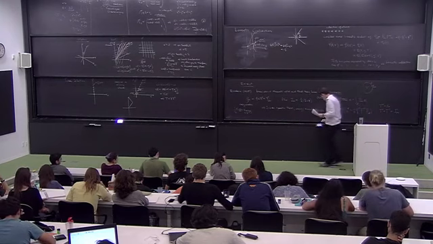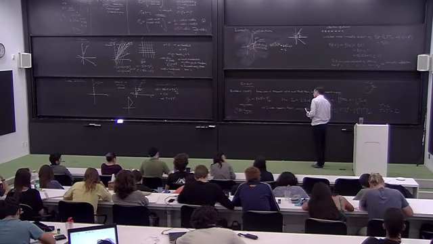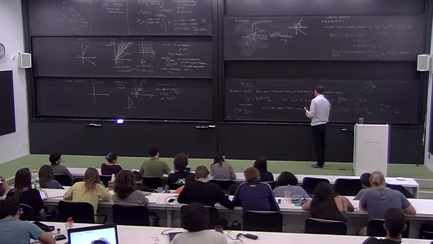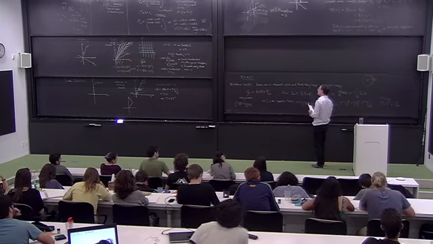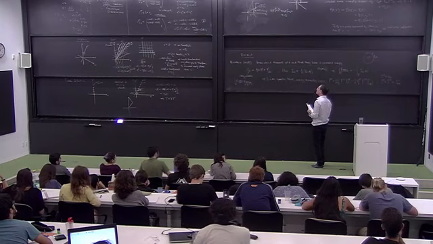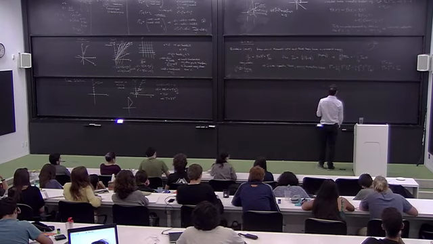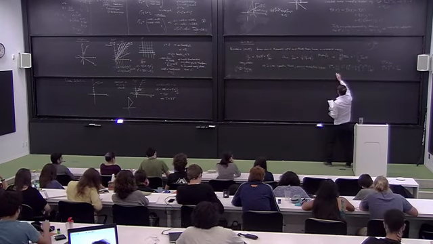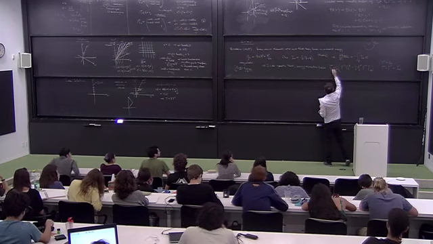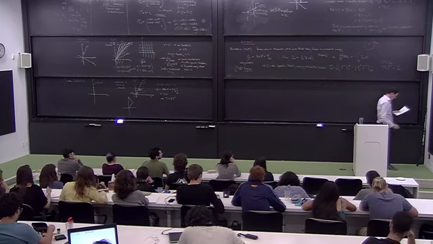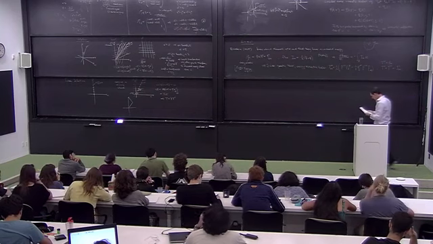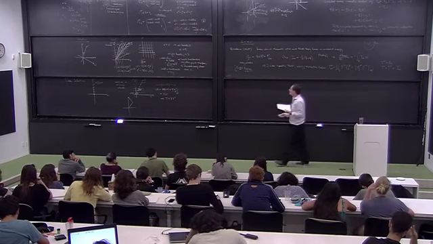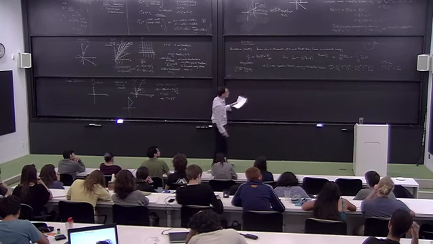Okay, so these are things which Lorentz and other people worked out, that this is the energy momentum carried by the electromagnetic field. Now, why is that an interesting quantity?